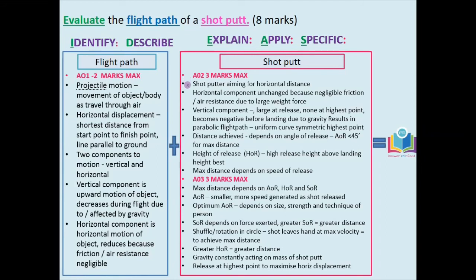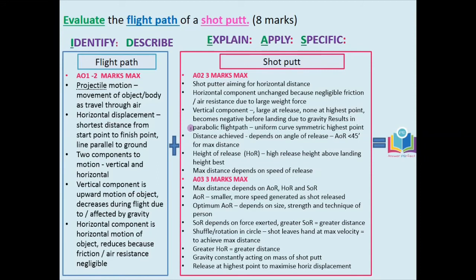So the shot putter is aiming for horizontal distance. The horizontal component remains unchanged because there's negligible friction and air resistance due to a large weight force. Vertical component, so it's large at the release, none at the highest part, and becomes negative before landing due to gravity.